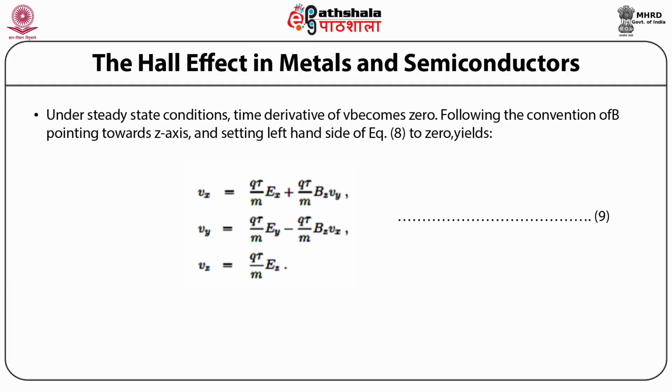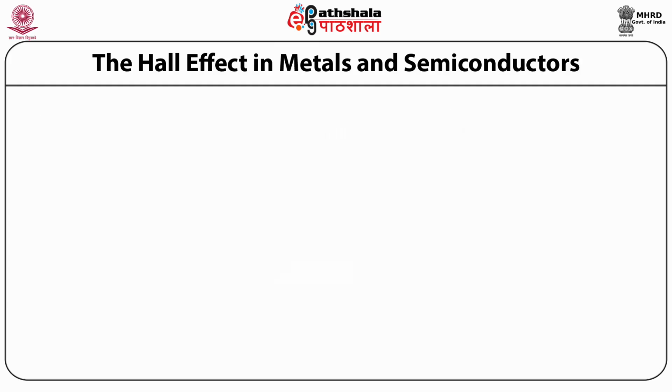Vy equals q tau divided by m times Ey minus q tau divided by m times Bz times Vx. Vz equals q tau divided by m times Ez. This is represented as equation 9.